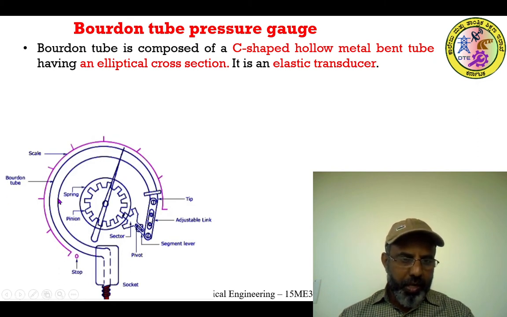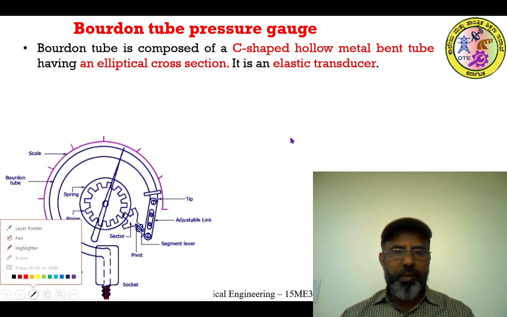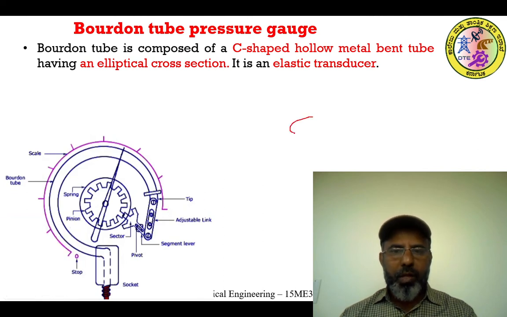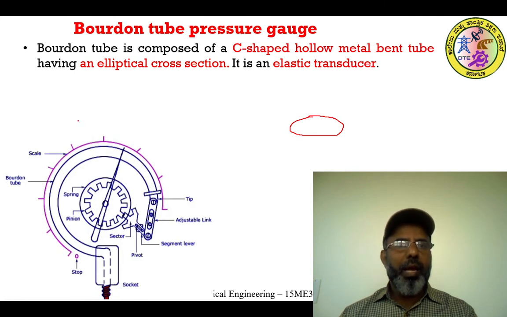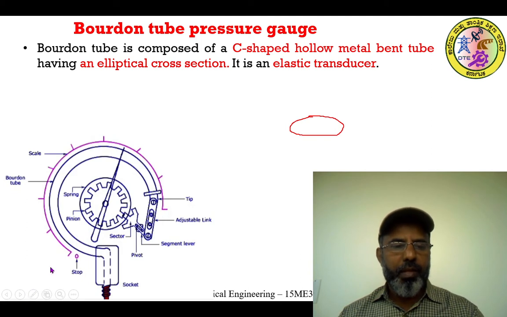This C-shaped hollow metal bent tube is called the Bourdon tube, and it has an elliptical cross section.